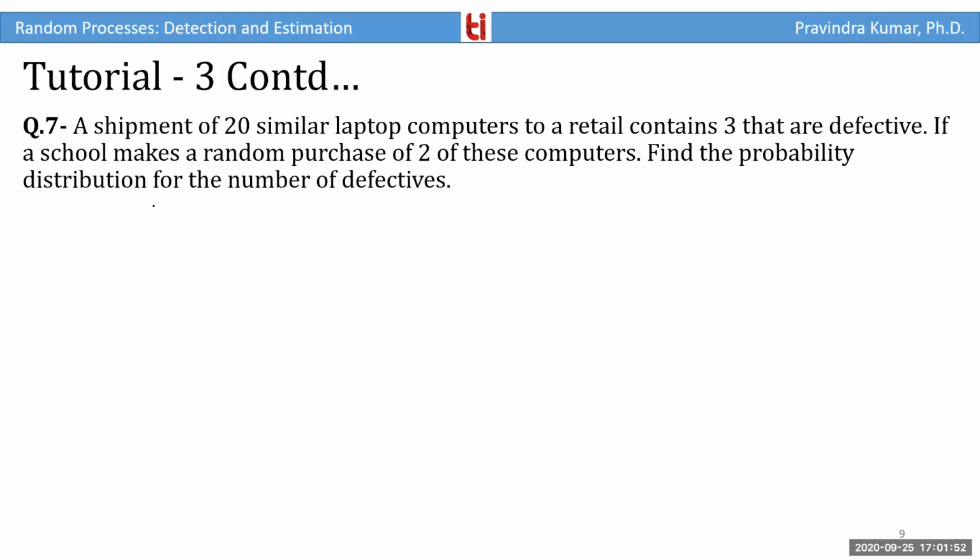So if I consider here, 20 are there and 3 are defective. This means 17 are okay, 3 are defective, and the total is 20 laptops.